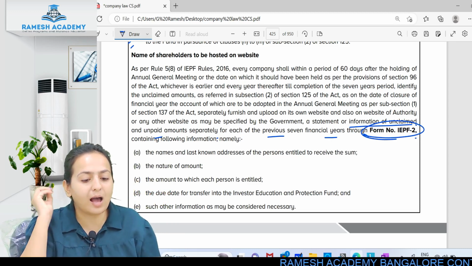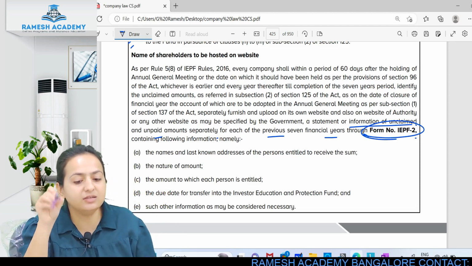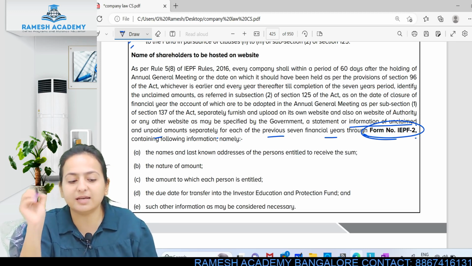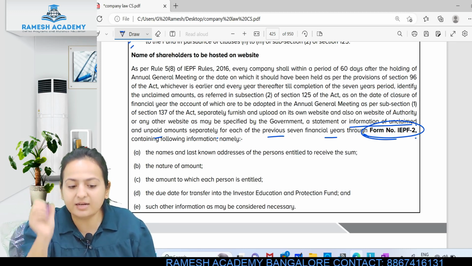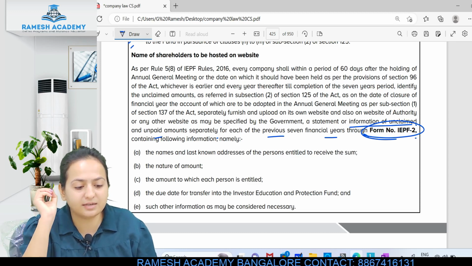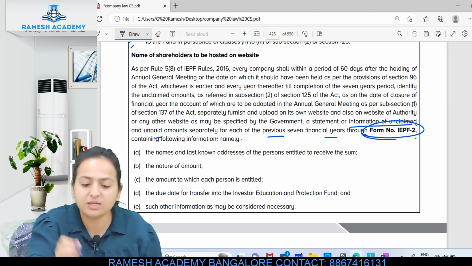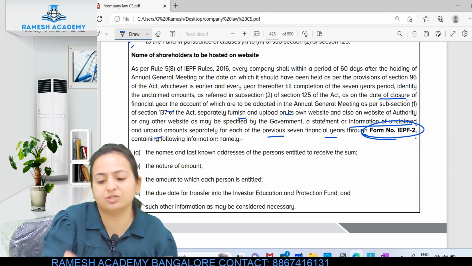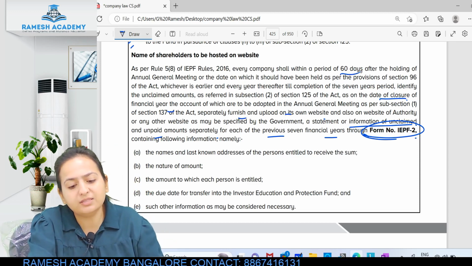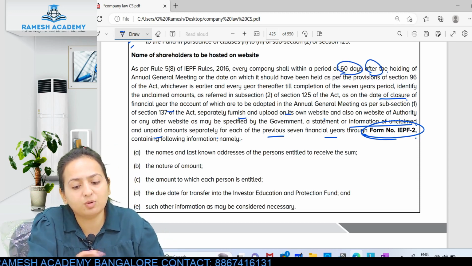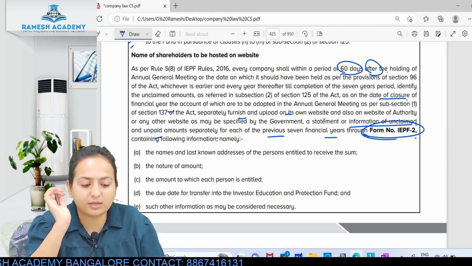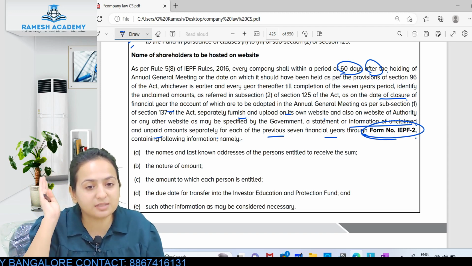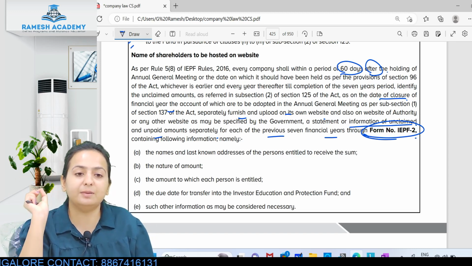IEPF 2, every company shall within 60 days after holding a general meeting, and every year till the completion of 7 years, identify the unclaimed amount as on the date of the closure, and separately furnish. You have to, within 60 days after holding the AGM, declare unpaid amounts for the previous 7 years in IEPF 2.